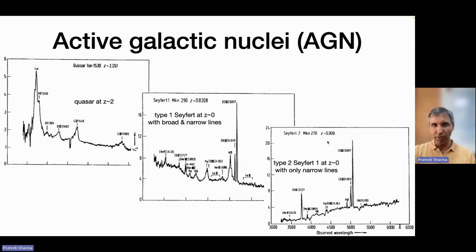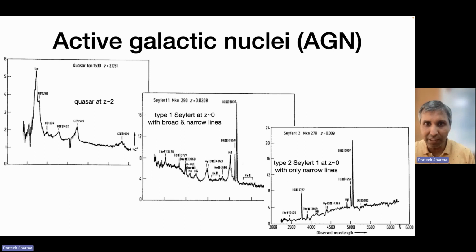This is a very nearby Seyfert, essentially redshift 0, 0.009. And this is 0.003. So essentially the lines that you observe here are observed at their true rest wavelengths. And these are emission lines, as I mentioned. Seyferts, unlike galaxies, have emission lines.